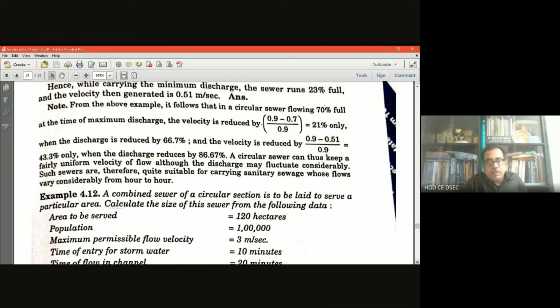All these various problems, including the open drain channel, combined system, and separate system of the sewer, have been discussed in detail, along with how to use the nomograms related to Manning's equation, the comparison chart, and the tabular form to get the proportion value. That detailed discussion has taken place, and that is the end of the hydraulic design of the sewer.